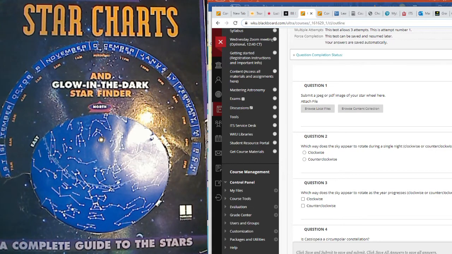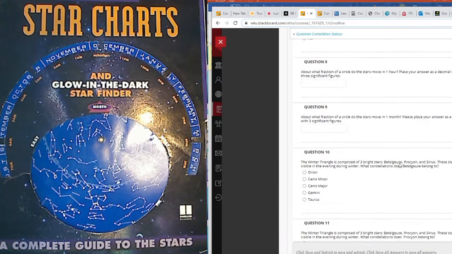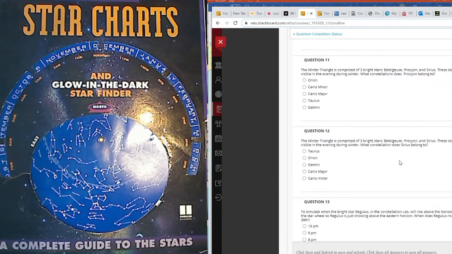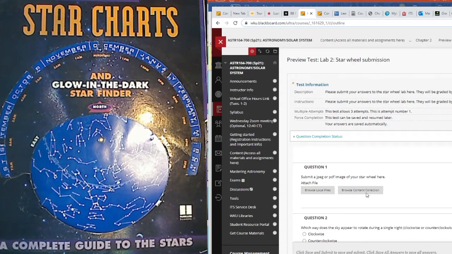So you can work through them using the document, but the same questions are here in this little quiz, the exact same questions. So once you work through it, you can come back here and just select your answers, right? You will have to upload an image of your star wheel that you created, right? So you can take a picture with your camera, and this is where you will upload that file, right?